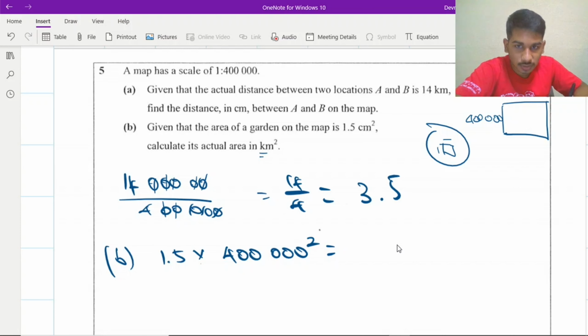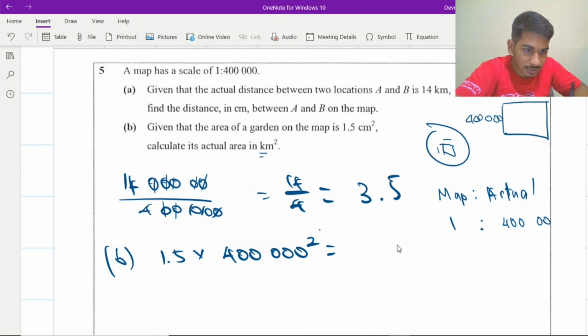So map is to actual: 1 is to 400,000. Centimeters is centimeters, but you change it to km there. 1 cm is 4,000 meters, which is 4 km.